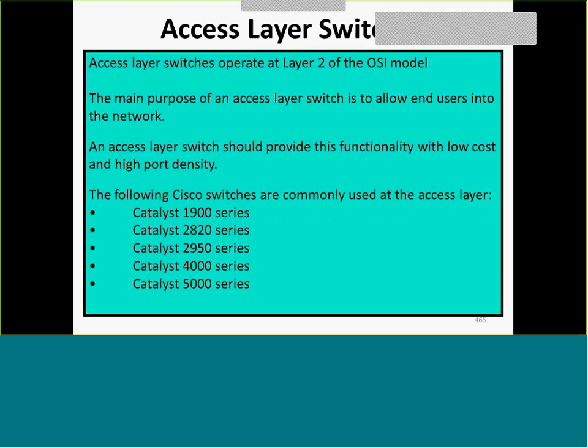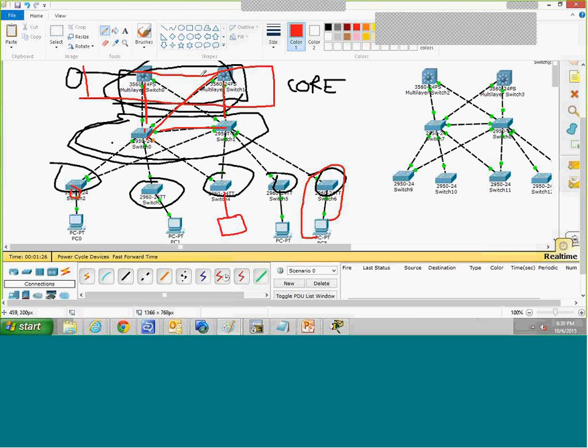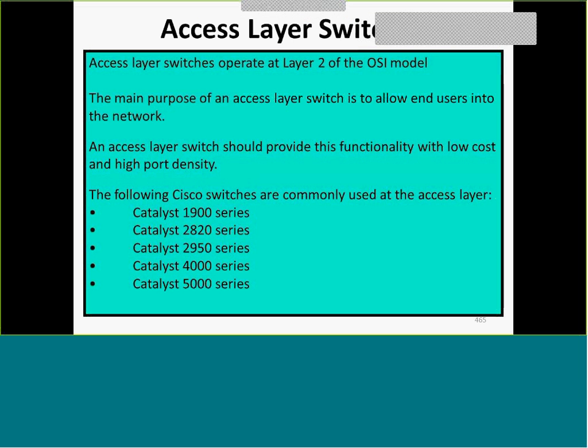I already requested you all to learn about different kinds of hardware switches, right? So the ones that you are looking at here, popular access switches are 1900 series, 2800 series, 2900 series. So these all are layer 2 switches. First three ones. Catalyst 4000 series, 5000 series is where you build mostly distribution switches and core switches always come like layer 3 switches.